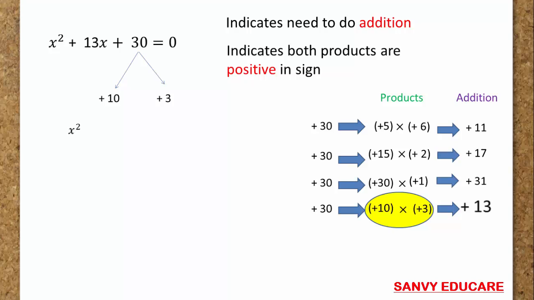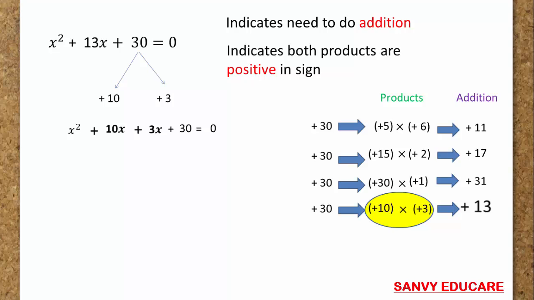x square as it is. Now we split 13x into positive 10x plus positive 3x, plus 30 as it is, equal to 0.